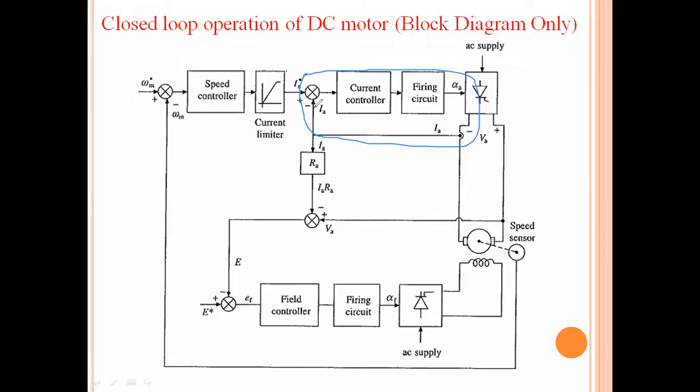Or in the steady state operation, when the locomotive is running at a particular speed, 60 kilometers per hour or 70 kilometers per hour, at that time it requires a different torque. So for each and every condition, the torque is going to change. So based on the torque command, the motor will change its current.